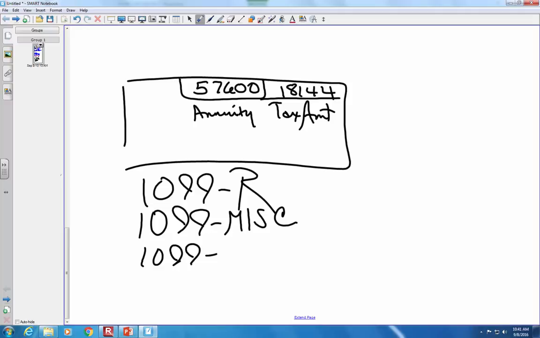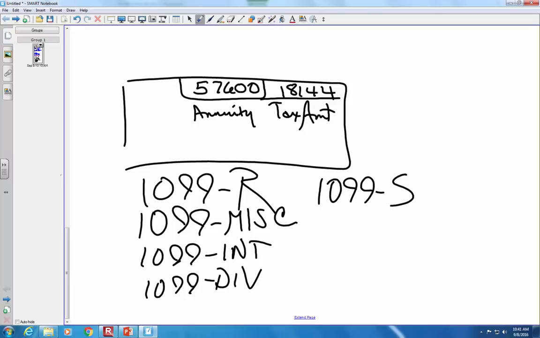What's this one for again? I'll throw a couple others up here that you need to be responsible for as well, as long as we're talking about 1099. That's when you sell a piece of real estate.